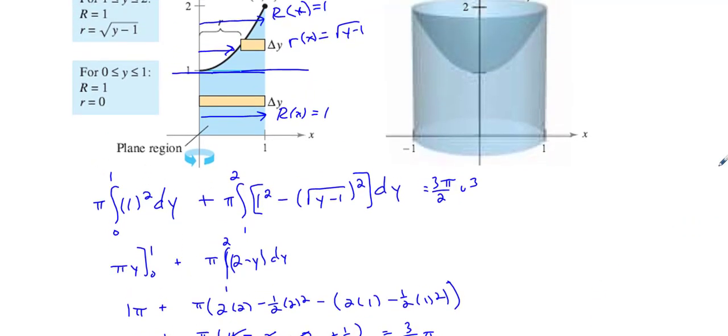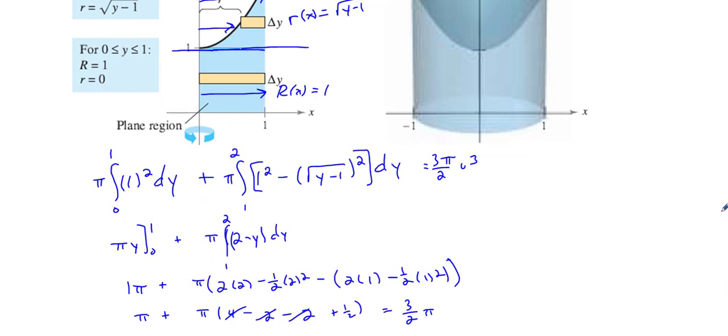All right, what I did right there, that's how quick you guys should be able to do those problems. Go through, find your radiuses, and then set up your integral and go through. Do your integration pretty quickly, and then calculator problems, set up your integral, then use your calculator. Okay?